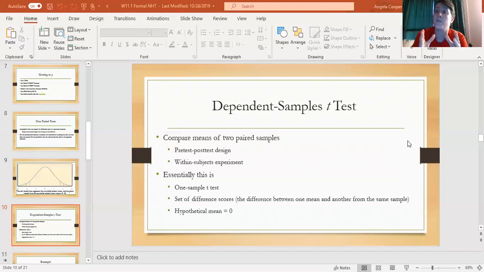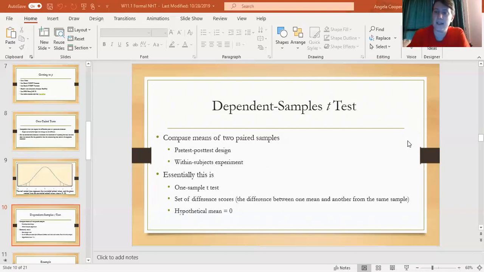It's the same group of you taking that test the first time, the pre-test before the class, and the post-test after the class. It's the same people taking that test both times. So that's an example of a within subjects design as well, but it's referred to as a pre-post test.